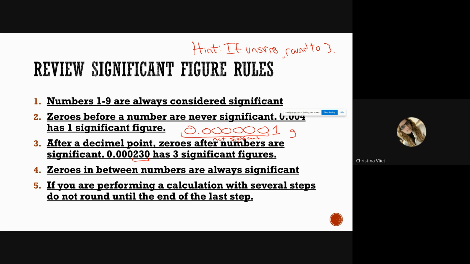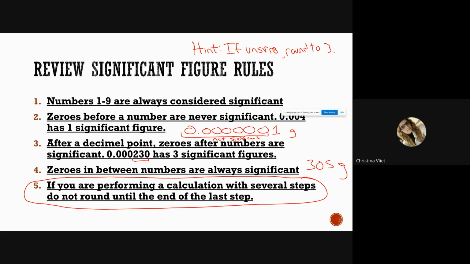Zeros in between numbers, like 305: if the 0 is in between 2 numbers, it's always significant as well. And this one is important though. If you're performing a multi-step calculation, I highly advise waiting to round significant figures until you're done with your final calculation.